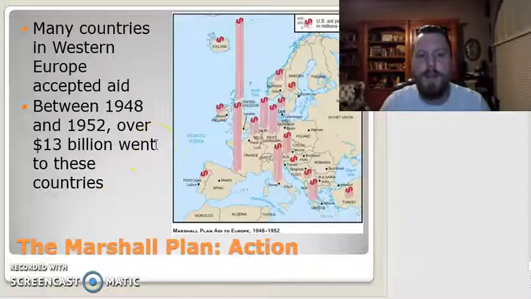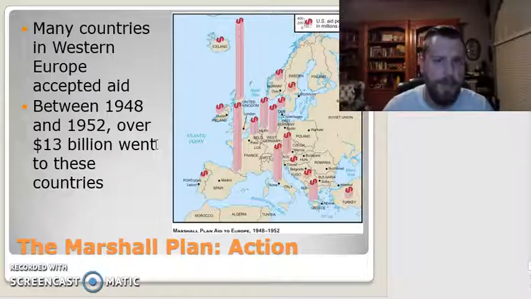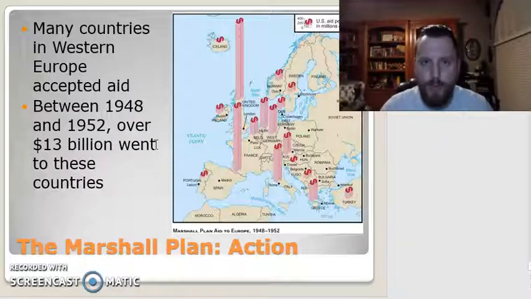All right, many European countries accepted aid from the United States. Remember, World War II was fought in the Pacific and in Europe. So the United States, except for Hawaii and Pearl Harbor, as far as their economy, where their manufacturing is, and where their population lives, they pretty much go unscathed.